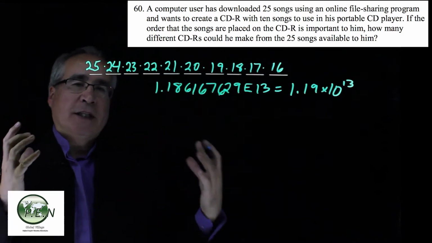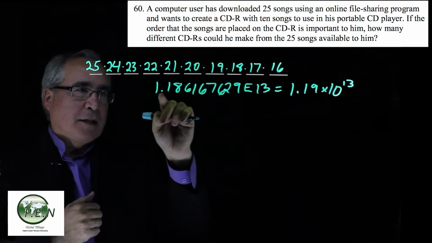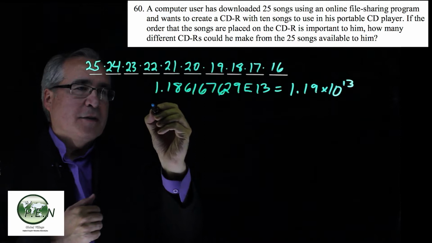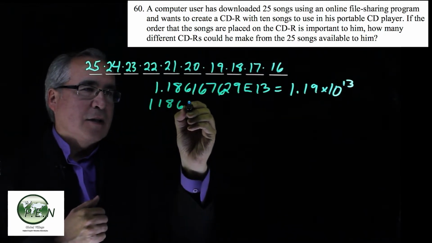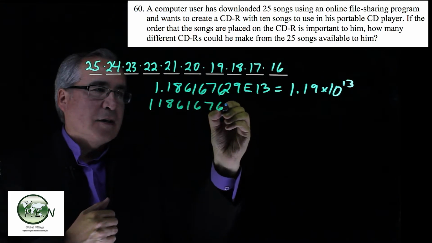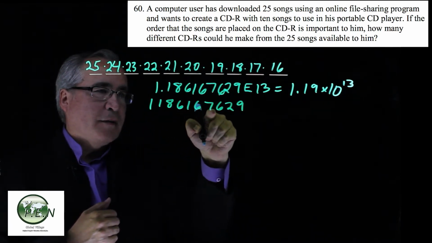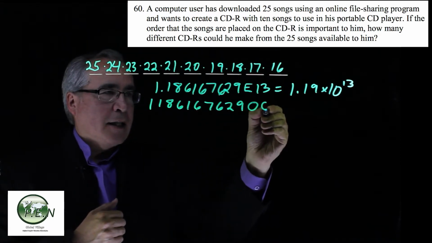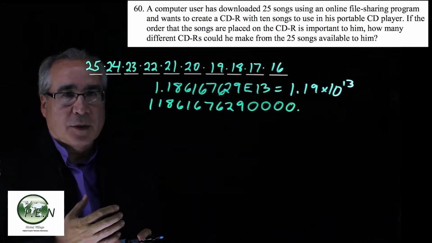But to understand how much this really is, we'll use these 13 powers of 10 by moving the decimal over 13 places. So we've got 118616762, that was 1, 2, 3, 4, 5, 6, 7, 8, 9, 10, 11, 12, 13 places that we've moved the decimal over.